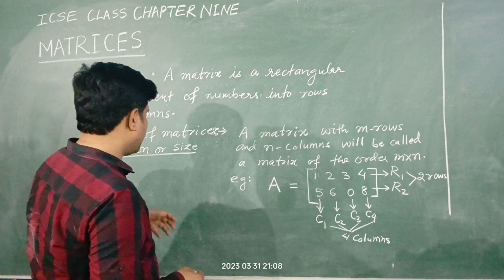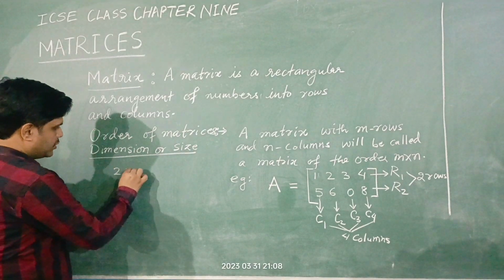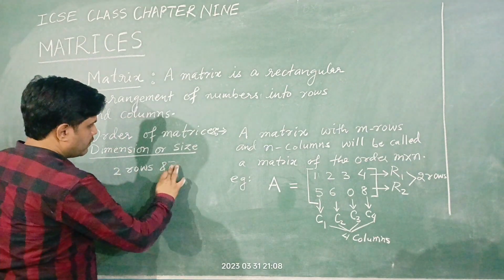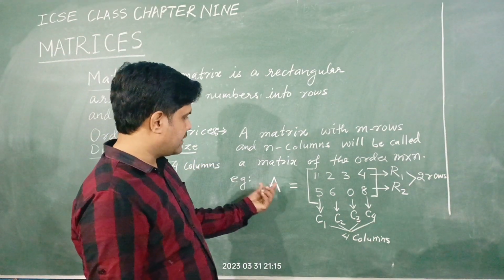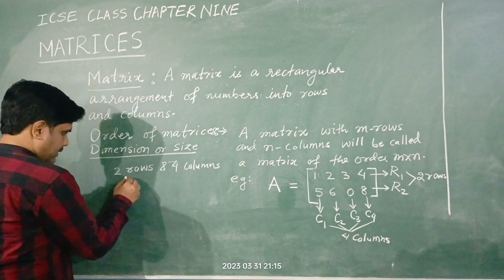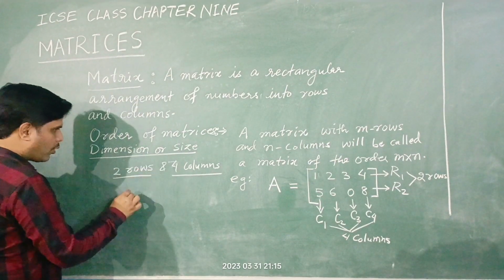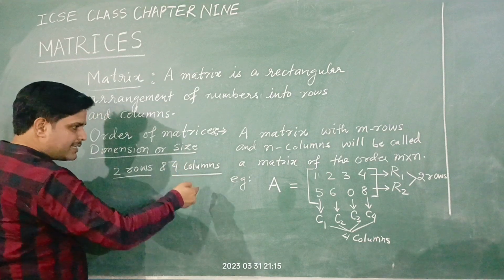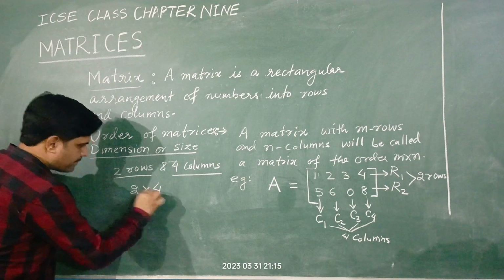So when we say the dimension or the size of the matrix A here, it has 2 rows and 4 columns. As I was saying, this matrix A has 2 rows and 4 columns. So I can call the order of this matrix A, or the dimension or the size of this matrix A, as 2 cross 4.